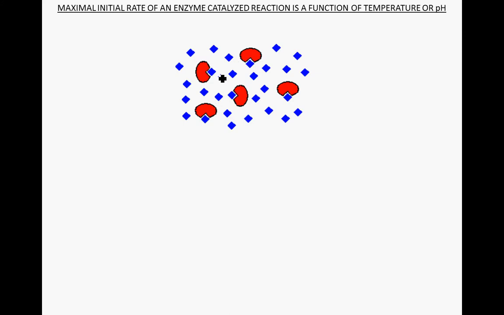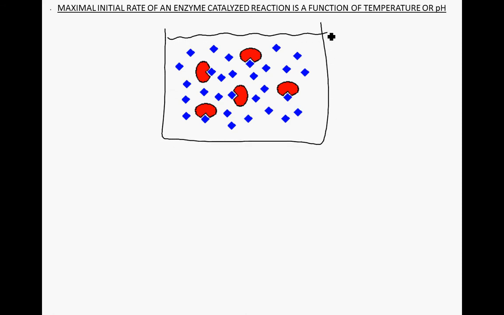So the maximal rate, or initial rate, of catalyzed reactions is a function of the temperature or the pH. Again, this is from a previous screencast, but let's just assume that we have a solution here where we have enzymes and we have substrates, and an assumption that we're going to make when doing these temperature and pH experiments or scenarios is that the substrate is overloaded.